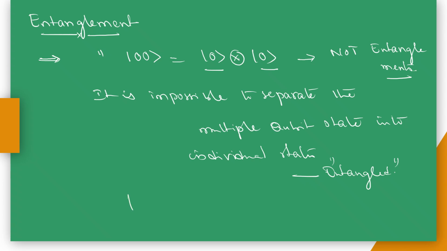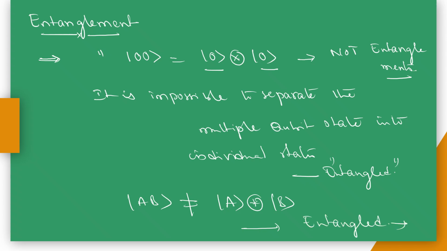For example, for state AB, if we are unable to separate it like A tensor product with the state B, then it is called an entangled state.